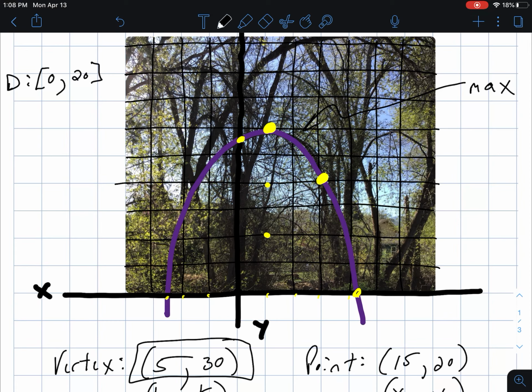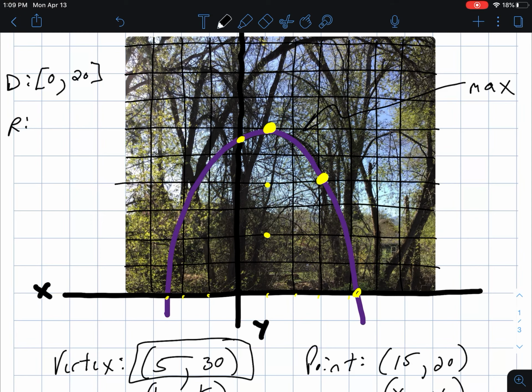So in most cases when we're talking about a parabola, we have a domain that would be all reals because it continues right and left. But in this case, since we actually have something there, we can use that to give ourselves a domain. And we can also use it to do our range a little bit as well. Same thing, if we use where that comes off the tree, that should be our y-intercept, right?